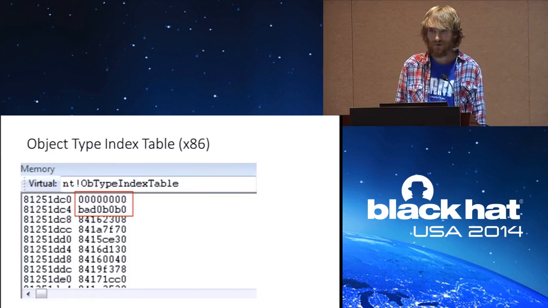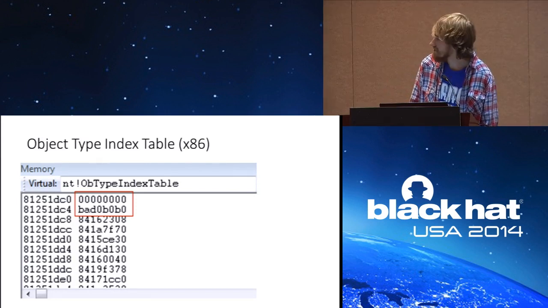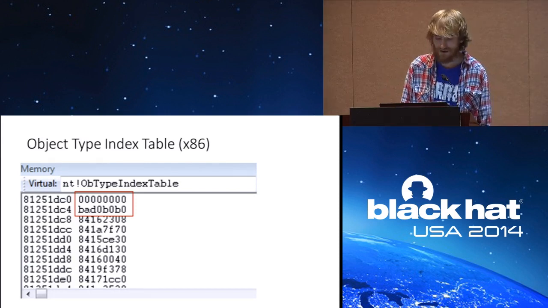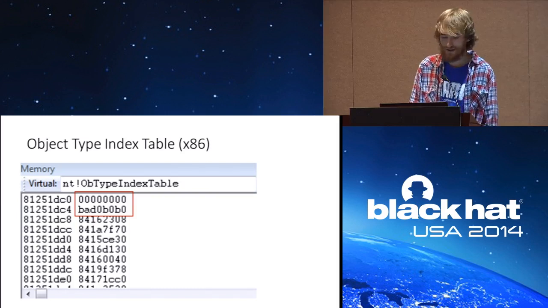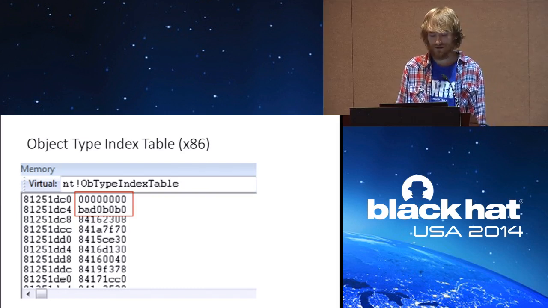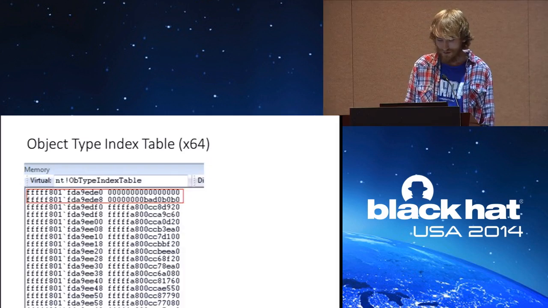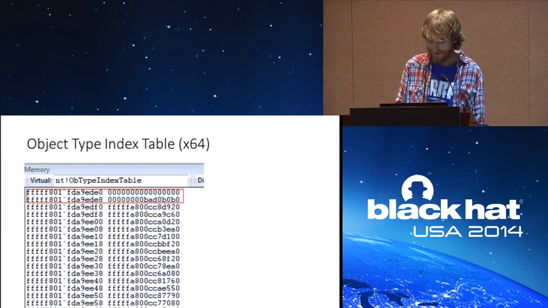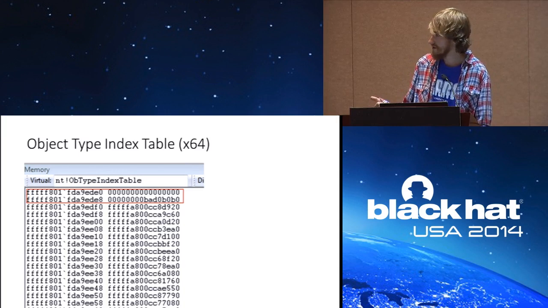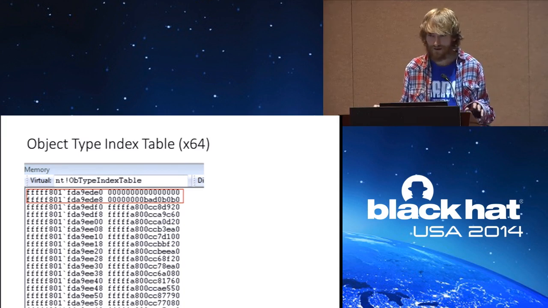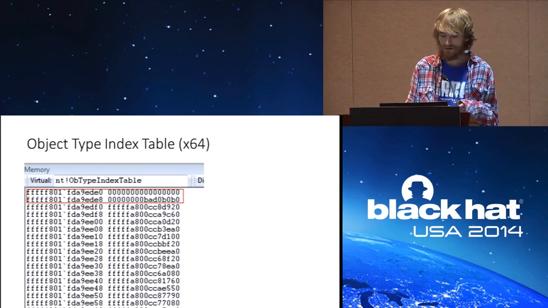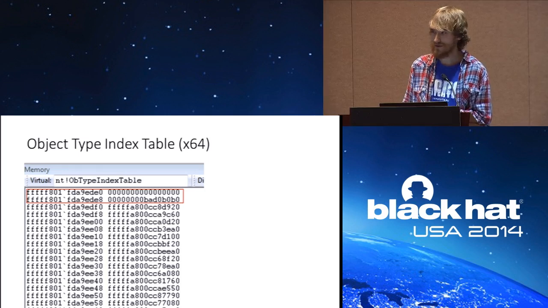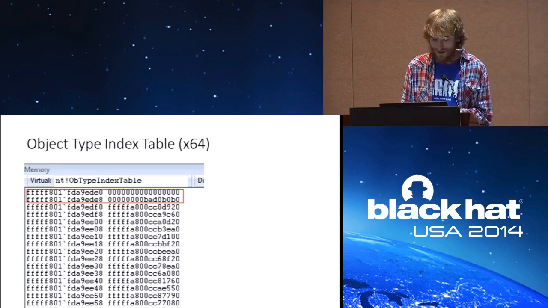So before Windows 8.1, if you take a look at the first elements, the first is 0 and the second one is some magic constant, 0xBAD0B0B0. On 64 bits, it is extended by zeros. So basically, that kind of magical value is memory that resides in user mode address space.